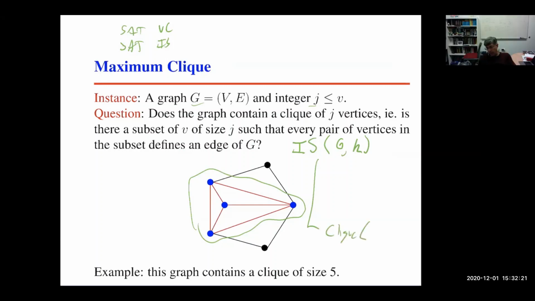And this takes us to graph G prime, and it looks like an integer J. How are we going to transform a graph G into a graph G prime such that a clique in one is going to represent an independent set of the other? What are we going to do?